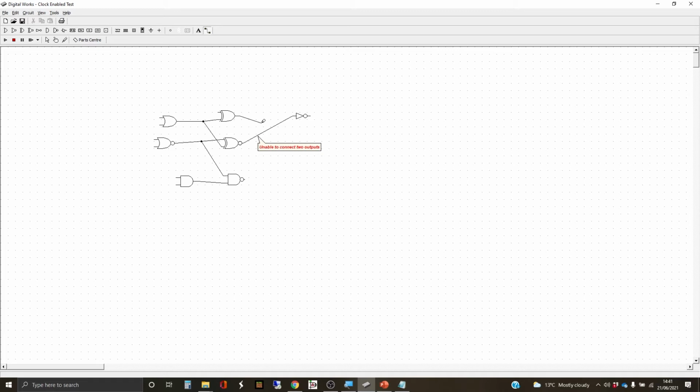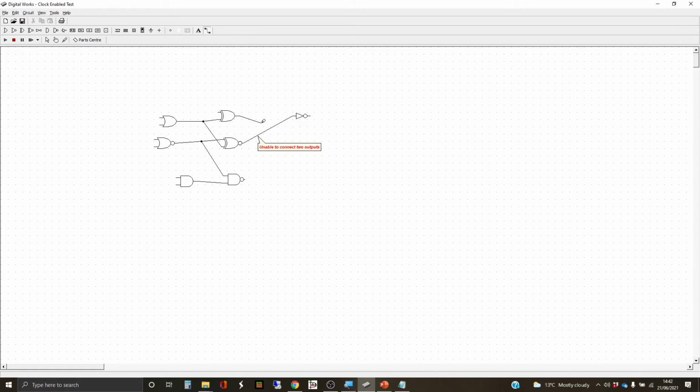And the answer is, if you try to do that in physical electronics, you would potentially cause all sorts of problems. But in order to protect the logic in Digital Works, it just disallows it. It won't allow you to connect two outputs together.